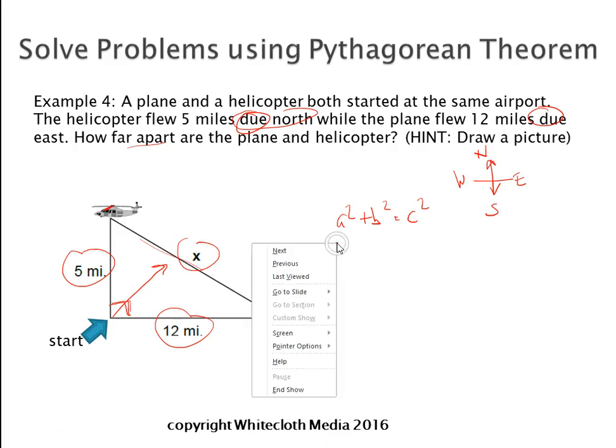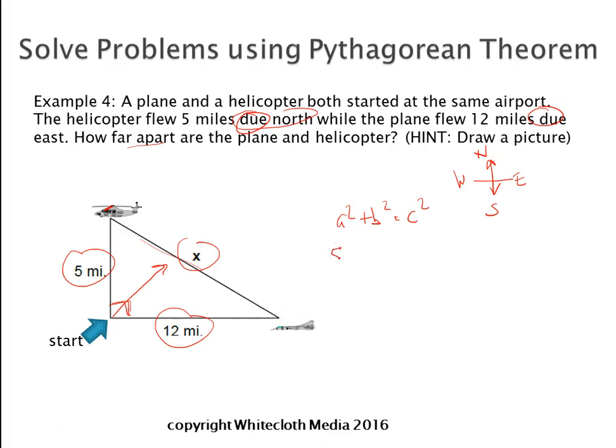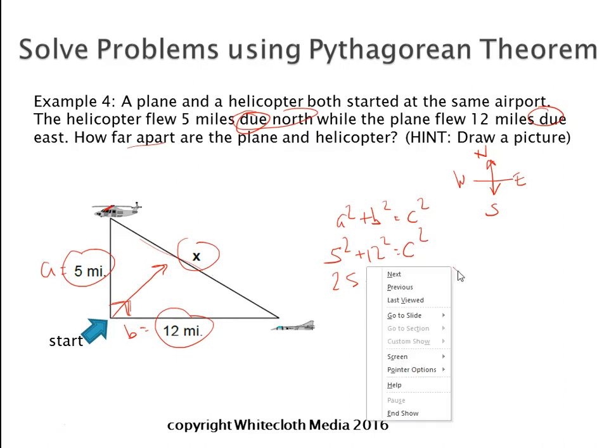I'll call this A, it doesn't matter, and I'm going to call that B. So 5 squared plus 12 squared equals C squared. 25 plus 144 equals C squared.